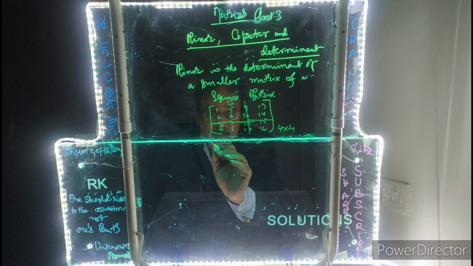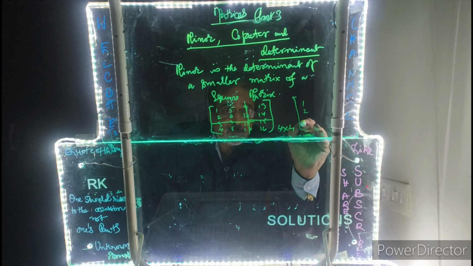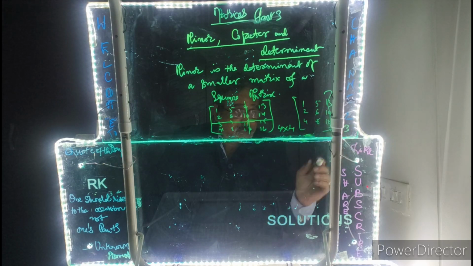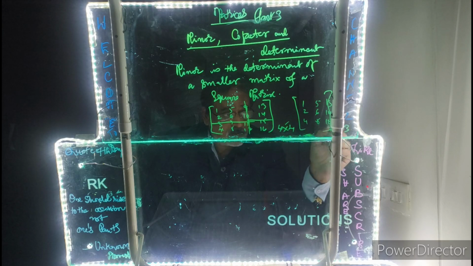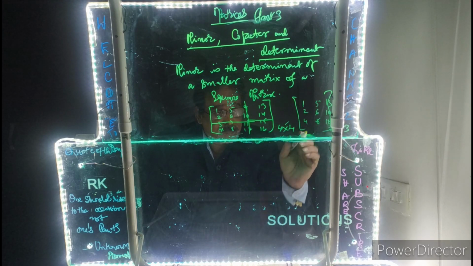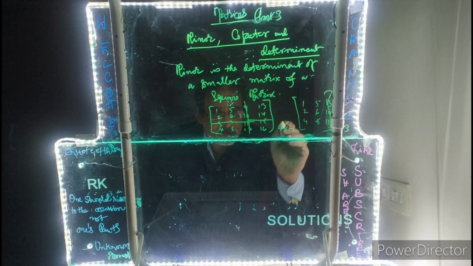So what will this become? This in turn will become 1, 2, 4, 5, 6, 8, 13, 14, 16. It will also be a square matrix, but one less in size. This is 4 by 4. This is 3 by 3. So the determinant of such a matrix is called minor.